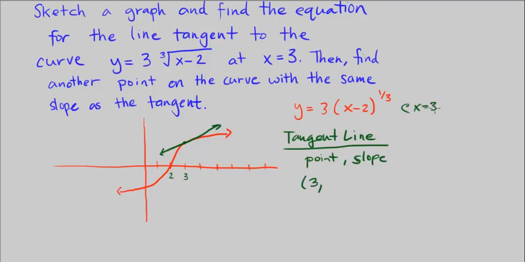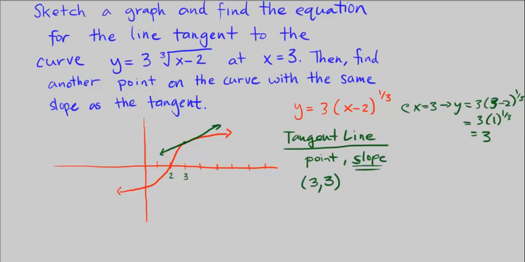At x equals 3, y is equal to 3 times (3 minus 2) to the power of 1/3. That's 3 times 1 to the 1/3 power. 1 to the 1/3 is just 1, so that's 3. So the point here is (3, 3). We have a point. What's the slope?